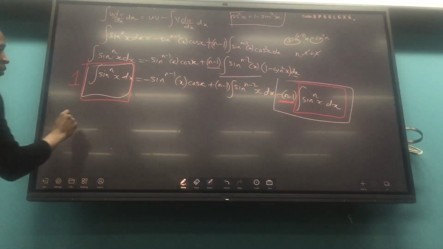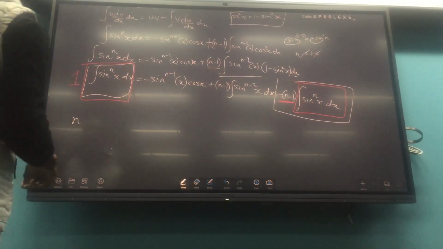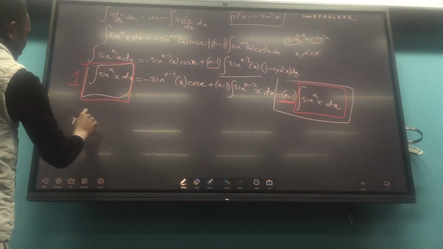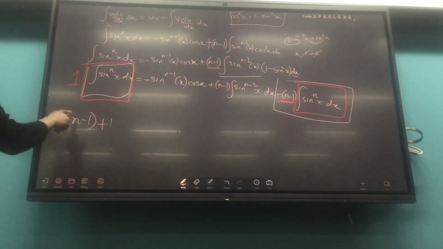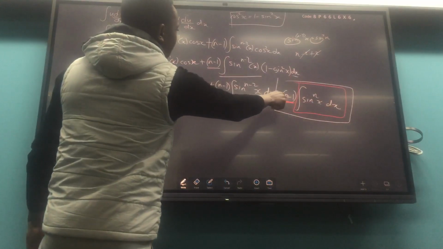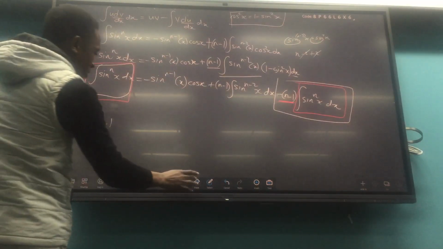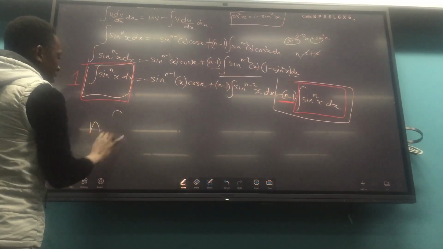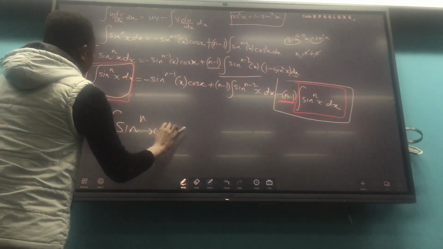We are going to end up with n minus 1 plus 1, isn't it? This here gives us what? Because we have n minus 1, right? And we have a 1 there, so it just gives us n. So what's going to happen there is we're going to get an n integral of sine to the power n of x dx.